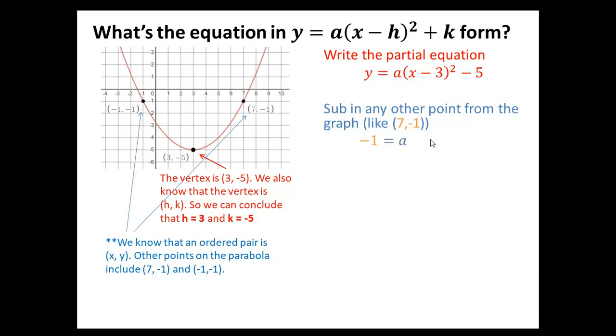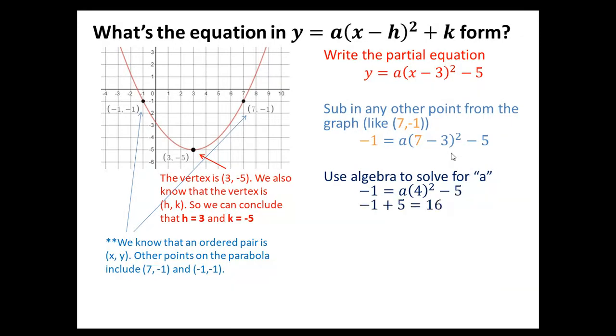So we have -1 equals a(7 - 3)² - 5. Let's keep simplifying by using algebra. So -1 equals a times 4² - 5. -1 + 5 equals 16a.